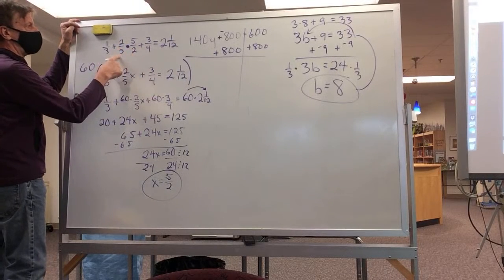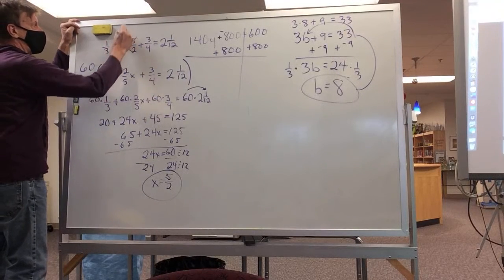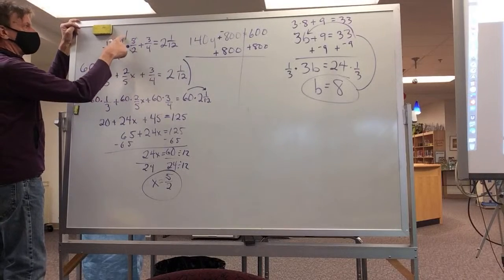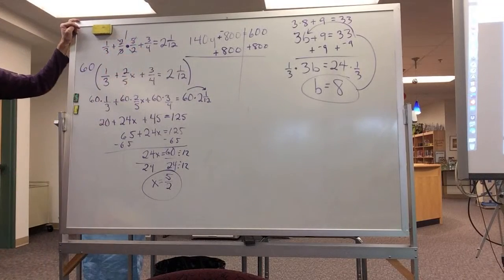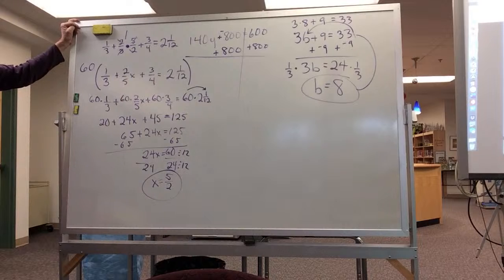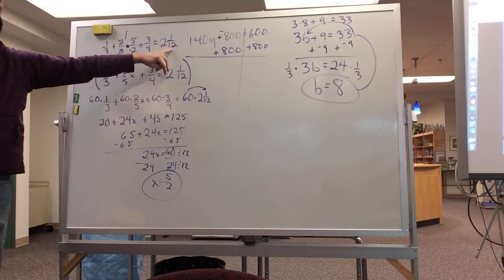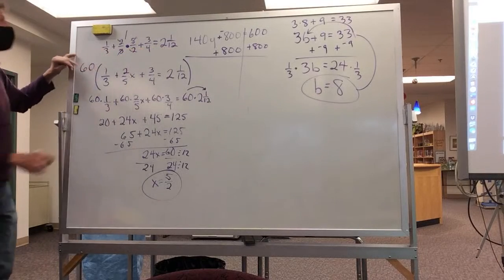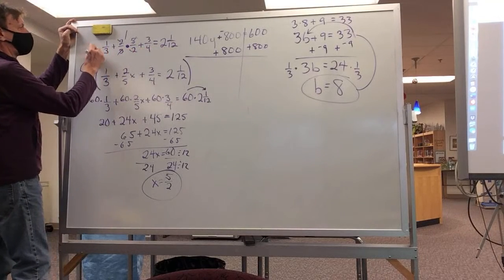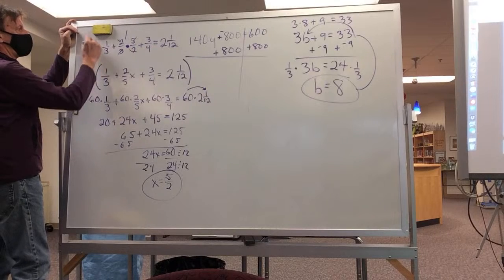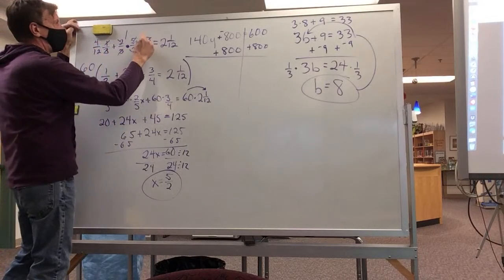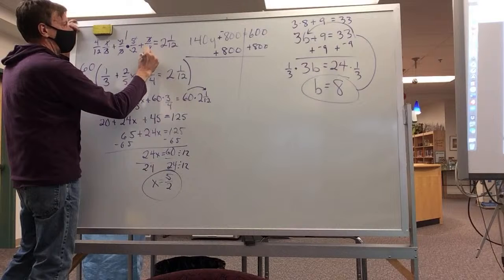What does this equal? 1. So a third plus 1 plus 3/4. So we just have to come up with a common denominator, probably 12, right? So 1/3 is how many 12ths? Okay. And 3/4 is how many 12ths?